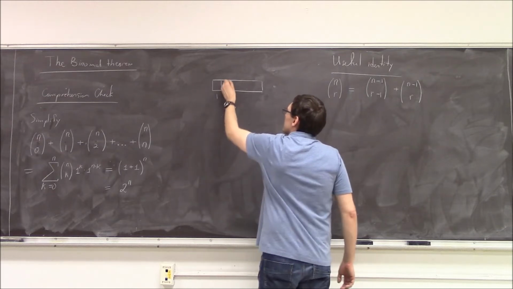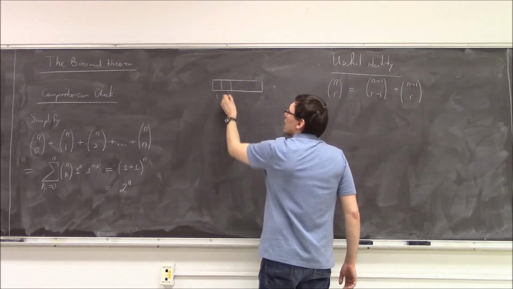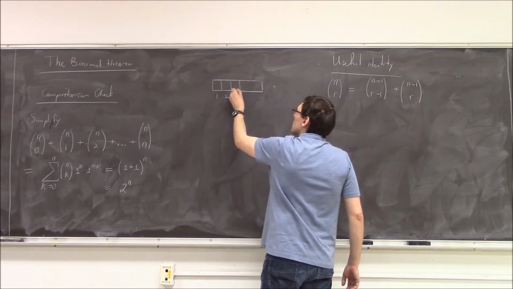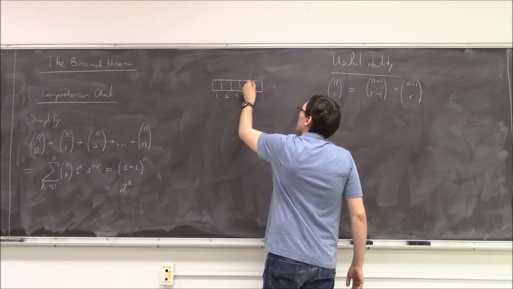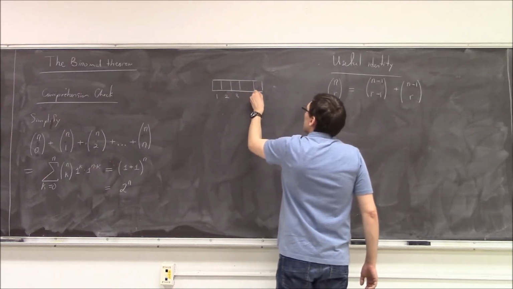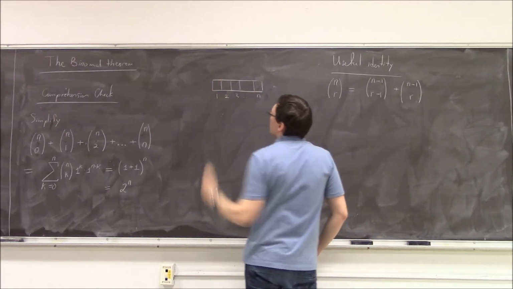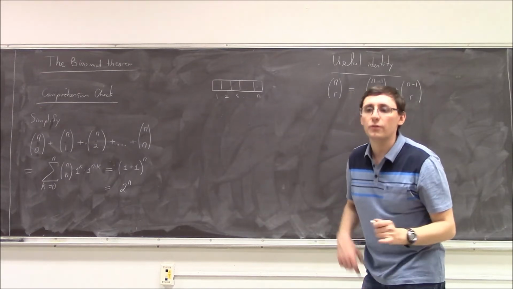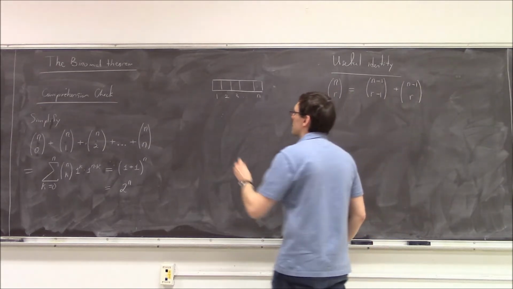So this is the box for student 1, this is the box for student 2, box for student 3, all the way until student n. And in each box I will put in 0 for absent or 1 for present.